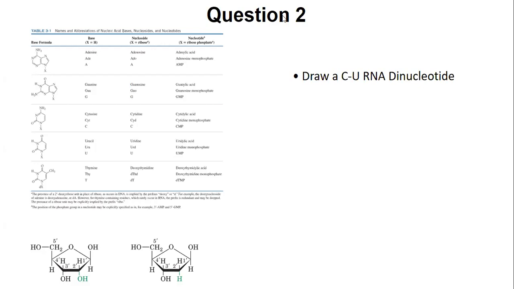So just to get a little bit of practice in of how everything's connected again, try that. I'll give you a few minutes and a piece of paper. And unfortunately, I can't see your piece of paper. Try and draw what a CU RNA dinucleotide looks like based on all the connection stuff we just talked about. So see if you can remember how everything is connected.